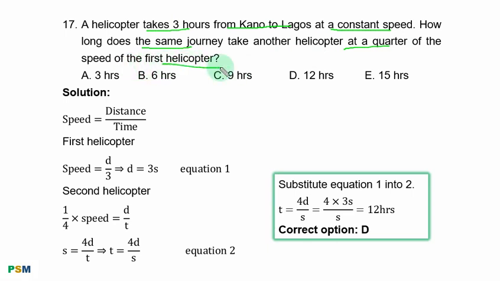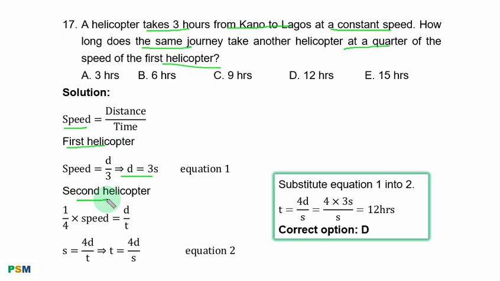Solution. Speed is equal to distance over time. For the first helicopter, the speed is unknown, distance is unknown, the time is 3. If you make distance the subject, d is equal to 3 times speed, that is 3s, equation 1.